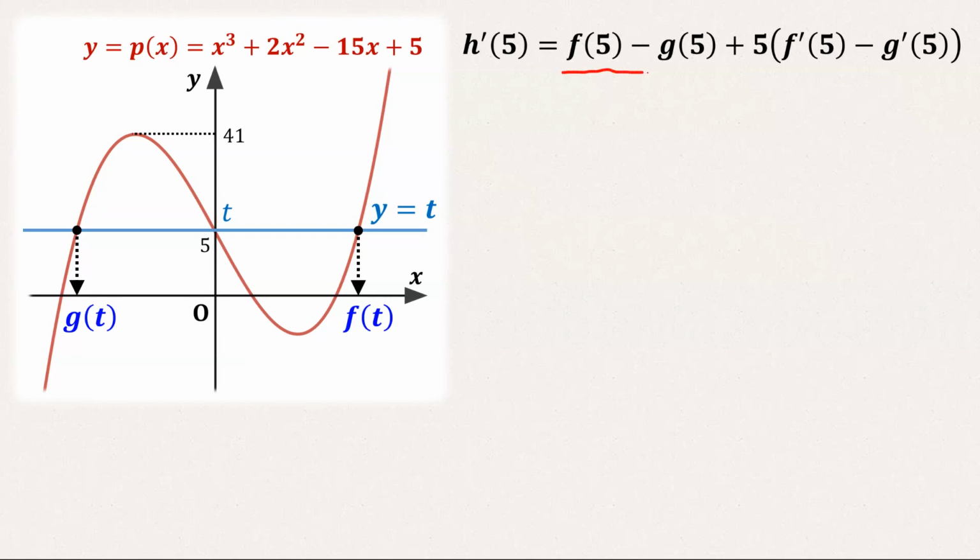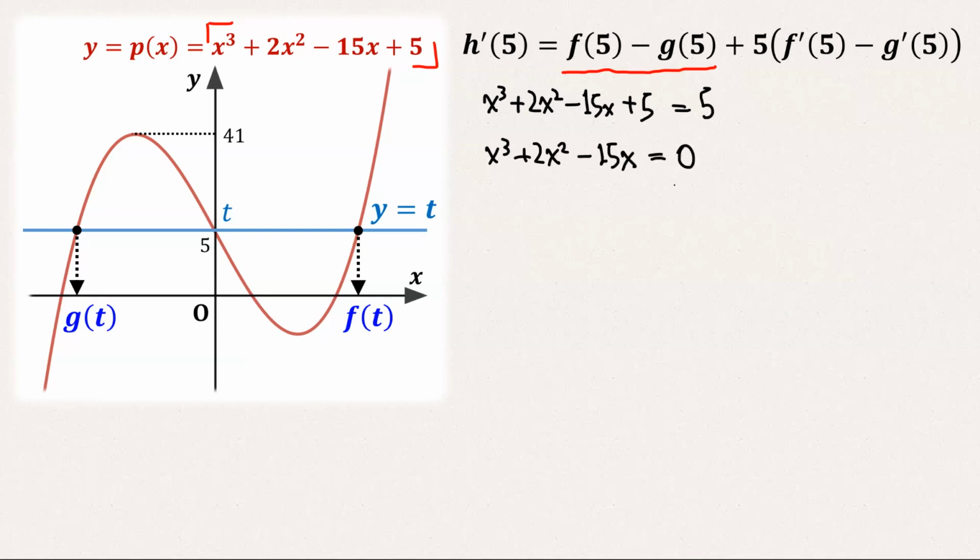So in the expression for h prime 5, we have f(5) minus g(5) and f prime 5 minus g prime 5. First, this f(5) minus g(5) is not a problem at all. We just use the given equation for our cubic function with y equals 5. So this equals 5. So x cubed plus 2x squared minus 15x equals 0. So we can take x to the front, and x squared plus 2x minus 15 equals 0.